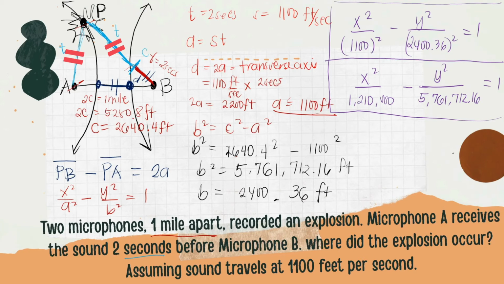So, meaning, yung explosion can be found anywhere on the left branch nung hyperbola. So, pwedeng andito, pwedeng siya dito, or dito.